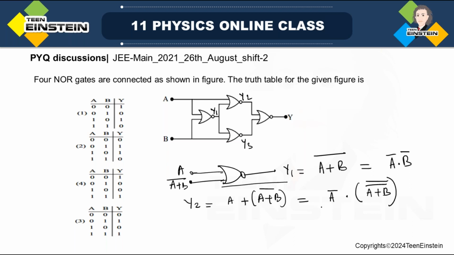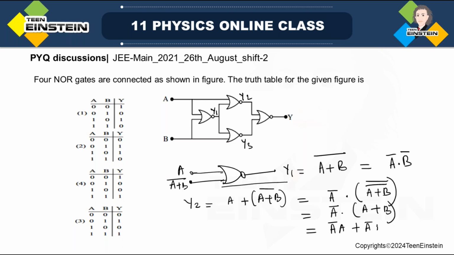So then you will get A bar dot A or B. Now if you do this AND operation, A bar and A will always give you 0.